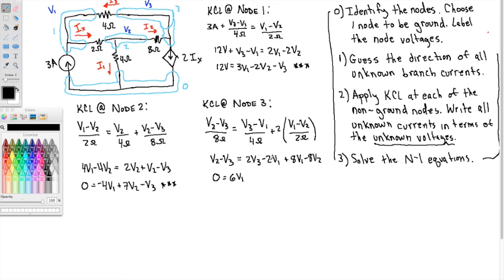Over on the right, I've got minus 8V2, and when I bring this guy over, that makes minus 9V2. And I've got a 2V3, and when I bring this one over, that makes plus 3V3. Okay, and this one, if I like, I can divide by 3 and make it even simpler. 2V1 minus 3V2 plus V3. And we'll put a star by that guy.